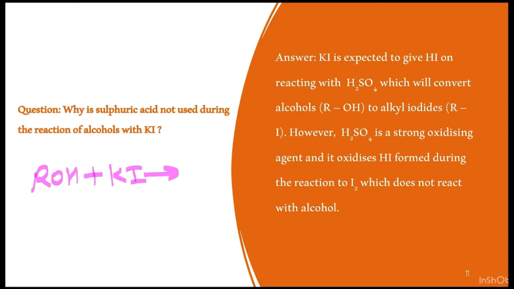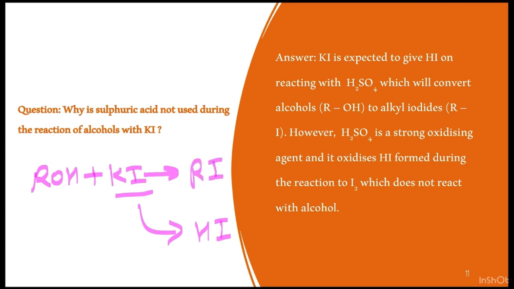We are expecting that RI will be formed. And here if I take sulfuric acid to carry out the reaction, then KI will give HI on reaction with sulfuric acid. H plus will come from there. And I want to prepare RI specifically.